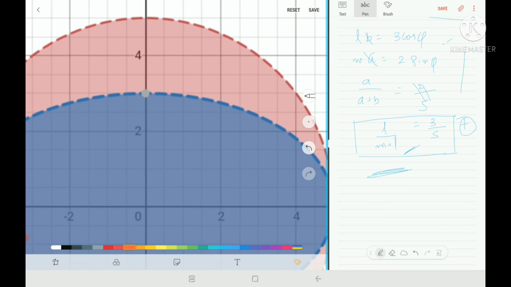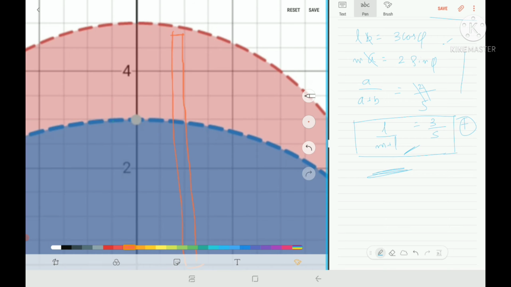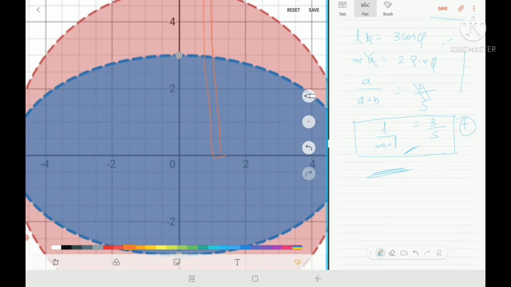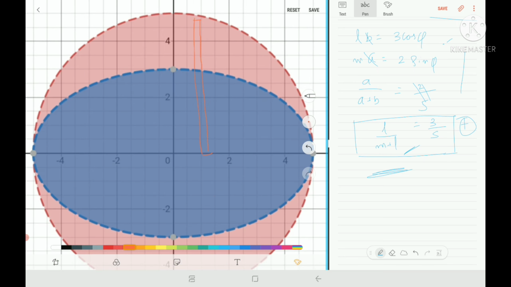So let us construct that like this, and the width is nearly zero, but not absolutely zero, because we need to stack them one beside the other to form this whole area.